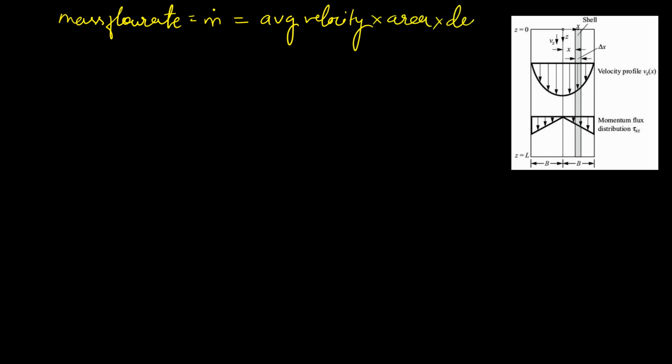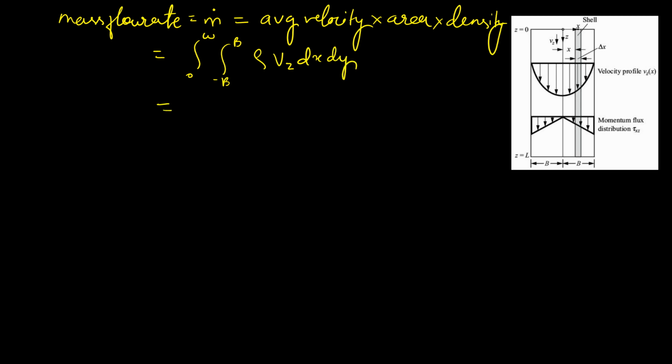So mass flow rate m dot is average velocity into area into density. So this is integration of 0 to W and minus b to b, rho Vz dx into dy.